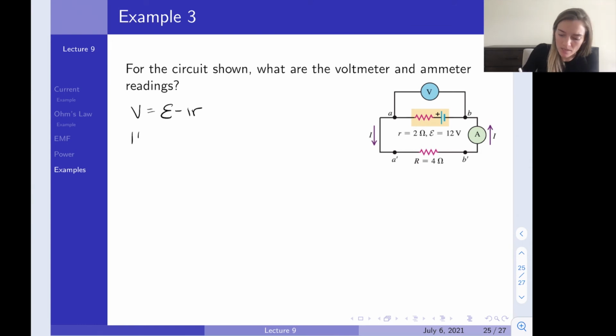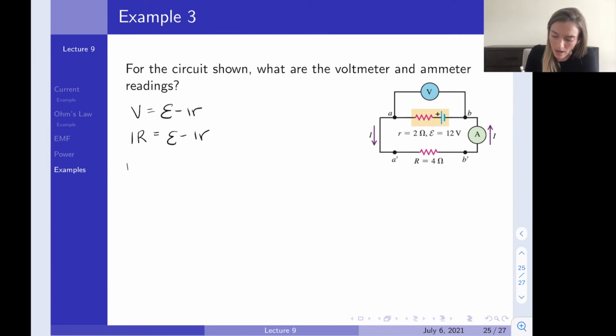And this V will be equal to, we can use Ohm's law to rewrite V, the potential drop across the resistor. Now this I and this I are the same because we just have one steady current going through the circuit. So we can use this equation to solve for I first, and we can figure out what the current is, and that will be the ammeter reading. The ammeter reading is just saying what is the current.